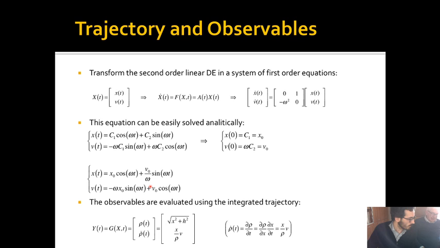Let me add one thing. We said that there are two ways to compute the state transition matrix. In general, in a complex problem, you have to rely on the solution of the full differential equation, phi dot equals A phi.